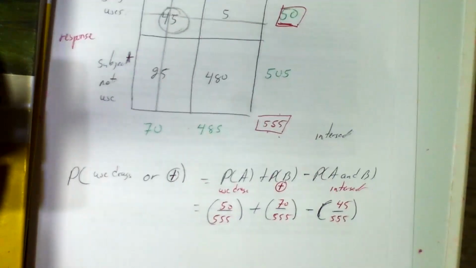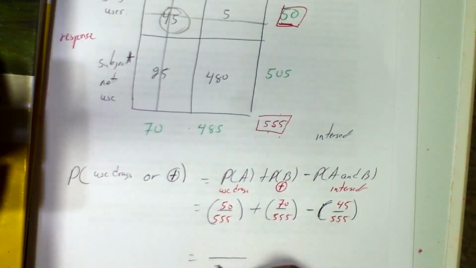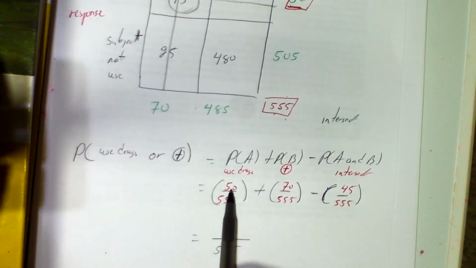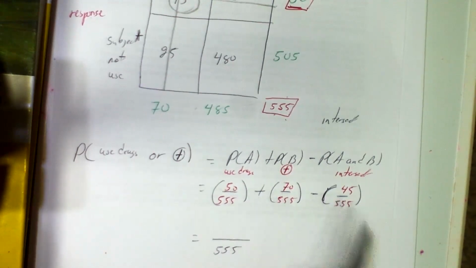Right. So now you're going to put this in your calculator. You don't have to worry about the bottom part because they all have common denominators. So that 555 stays as it is. But you just have to do the top. So you're going to add 50 plus 70 and then deduct 45. Just type it in your calculator. 50 plus 70 minus 45 gives you 75.